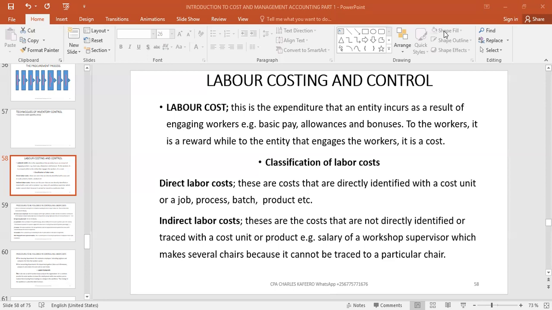So allow me to explain what a labor cost is. When we are talking about the labor cost, we mean those expenses we have incurred when we are engaging workers in the production process.